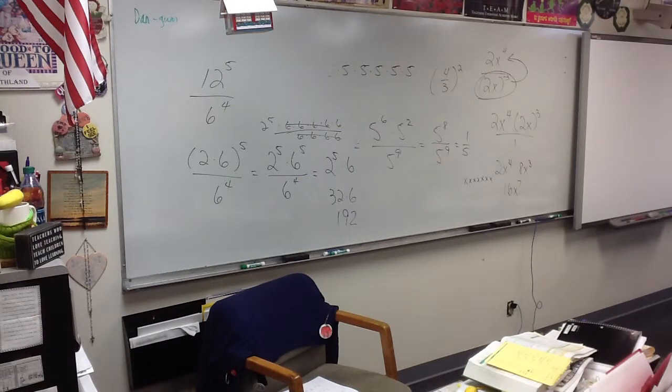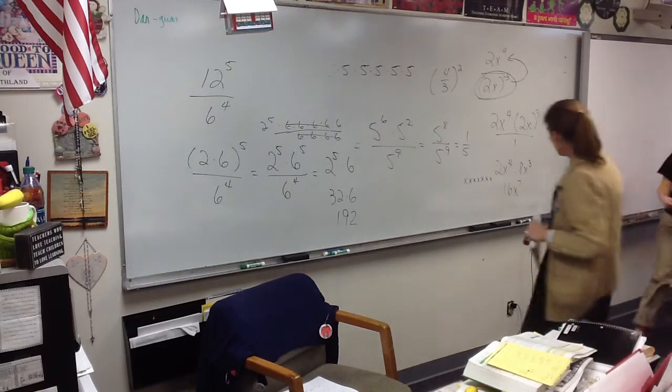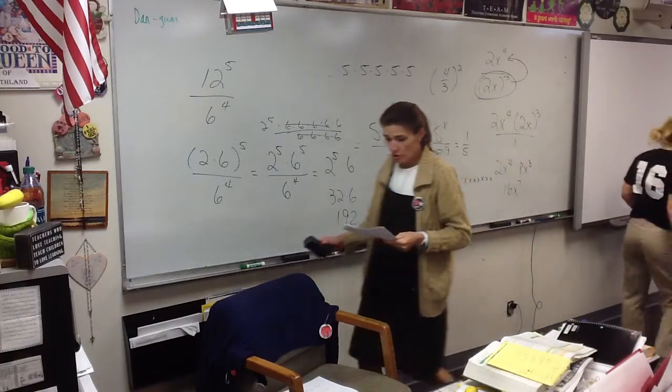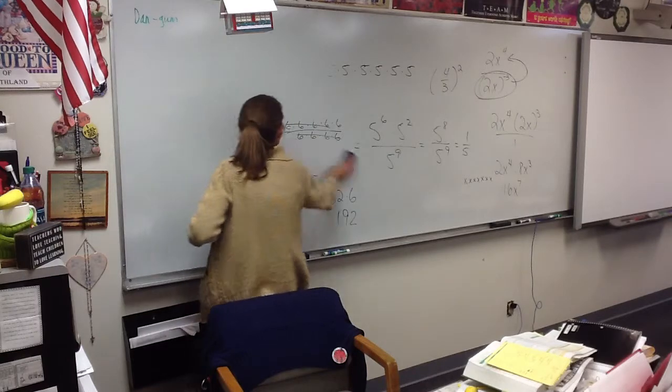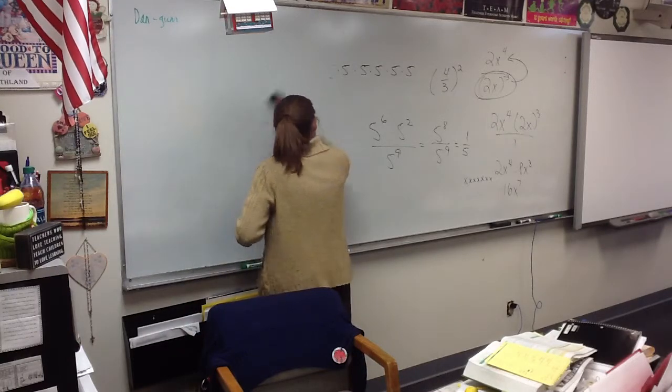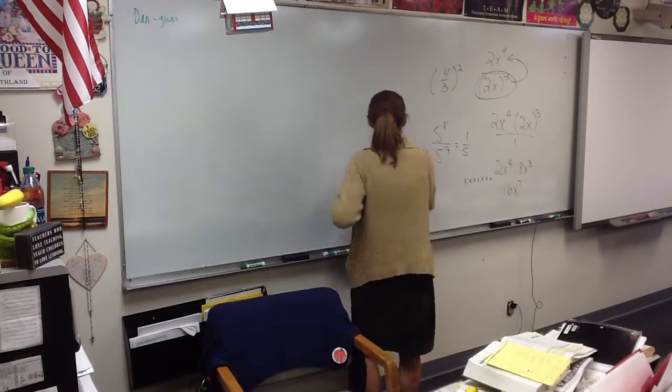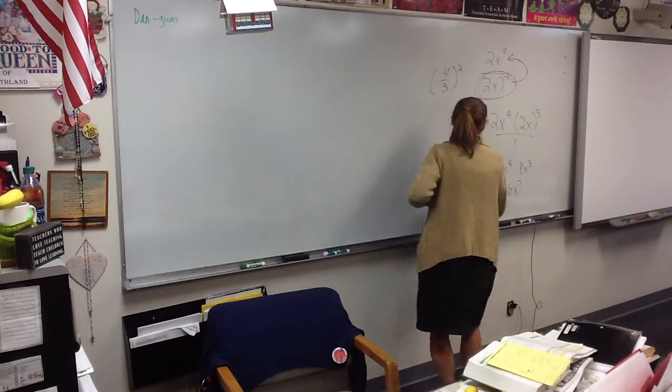So the first thing we're going to do, we're on the back of page 19, and we are going to sketch this rational function. Now, we have actually talked about this, you and I, earlier this year.